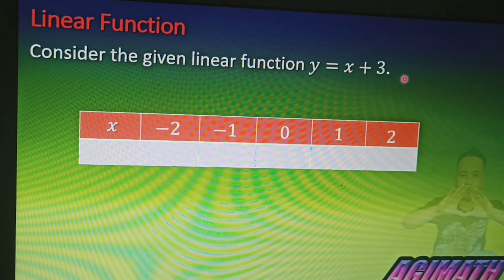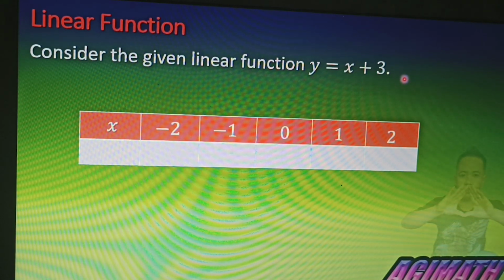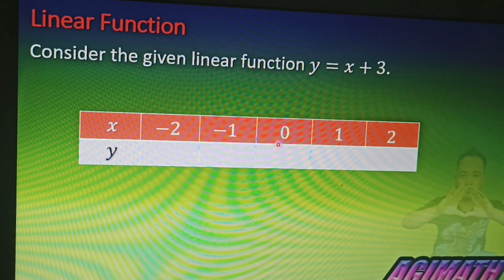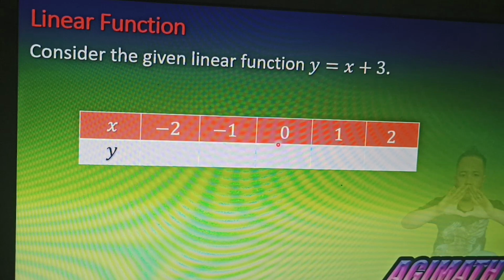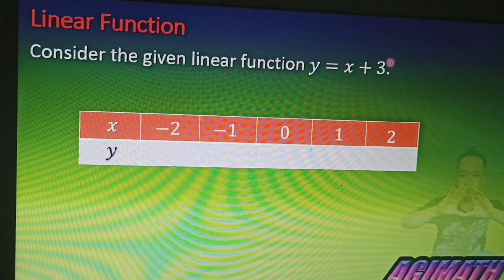In this one, I'm going to show one property about quadratic function and linear function. So I make sure that the difference between my values of x are the same, so that we can see the pattern. Now, when it comes to y, we are going to solve.